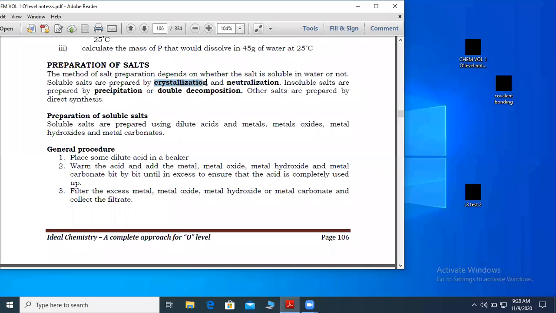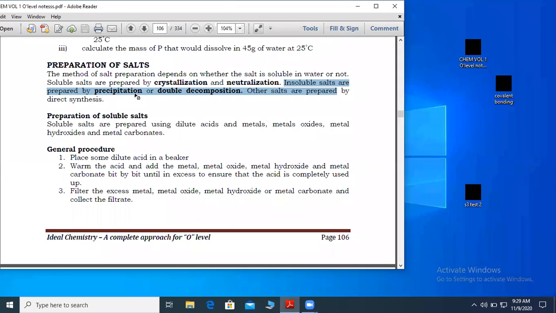Crystallization is for soluble salts, whereby we use an acid either on a pure metal, or on a metal oxide, or on a metal carbonate, or on a metal hydroxide. Then insoluble salts have only one method of preparation, and that is precipitation or double decomposition.